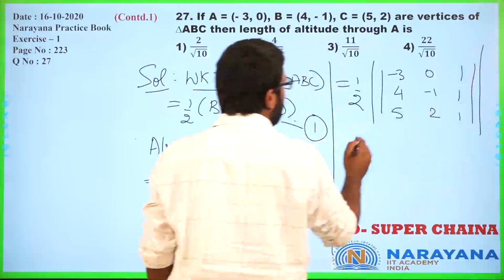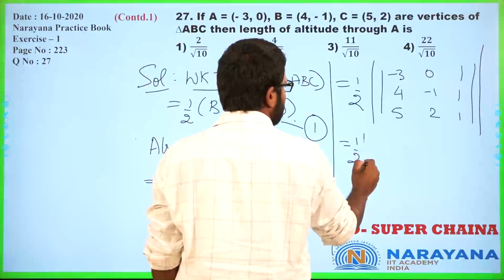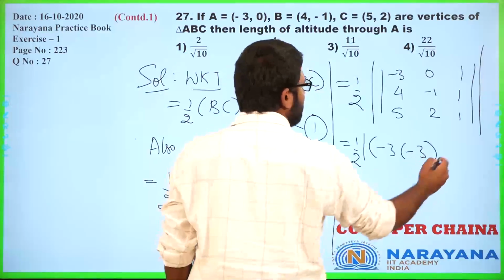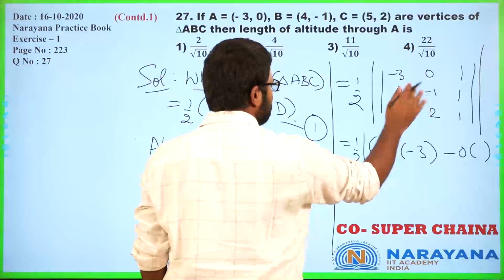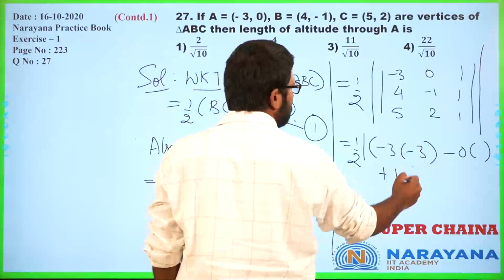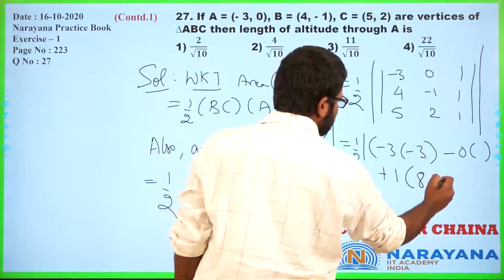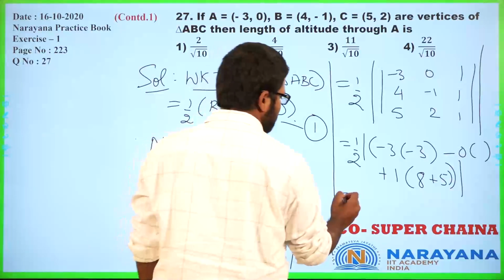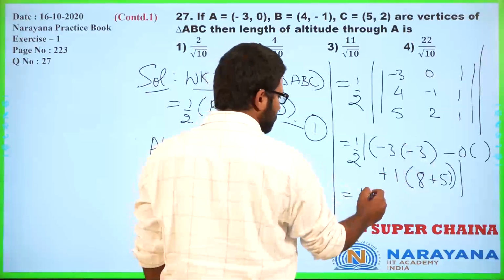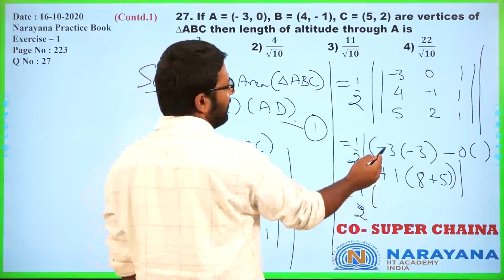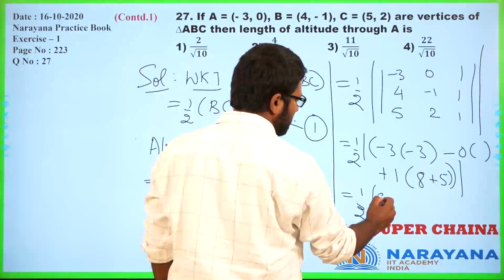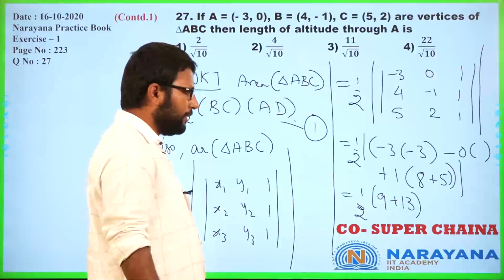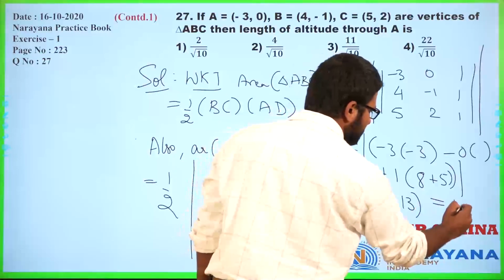This determinant with a mod, which is half mod minus 3 into minus 1 minus 2, so minus 3. Then minus 0 into some terms. And then plus 1 into 8 minus 5, so 8 plus 5. Another bracket and mod. So this is half of, clearly this is positive, this is also positive, so I can ignore the mod. And minus 3 into minus 3 is 9 plus 13. Right? How much is 9 plus 13? 22. 22 upon 2 is 11.